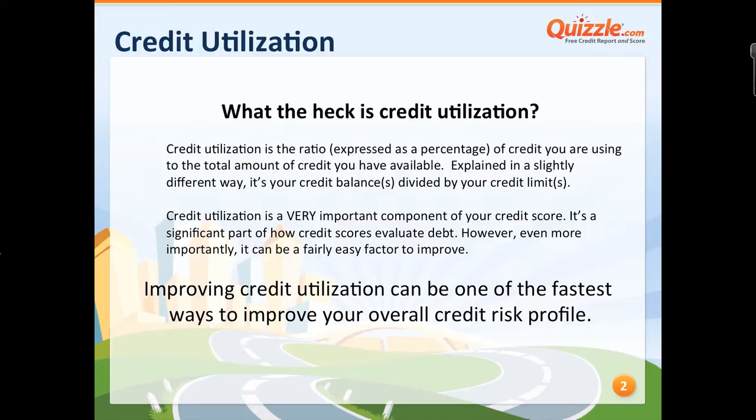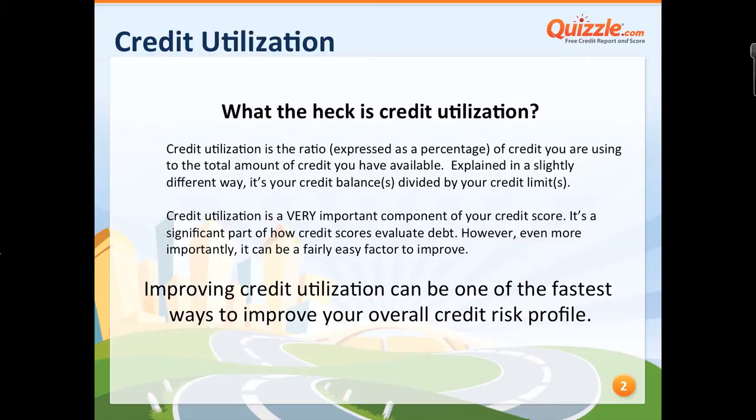So why is this so important? Well, first and foremost, it is an important component of how the credit scoring system evaluates how you manage debt. So that certainly makes it important to understand because it's being factored into that credit score every time a scoring model is evaluating your credit report. But the other thing, and probably more important, at least in our discussion today, is that by looking at your credit report and understanding this concept, it could potentially be a fairly easy factor in your credit scoring to improve on today.